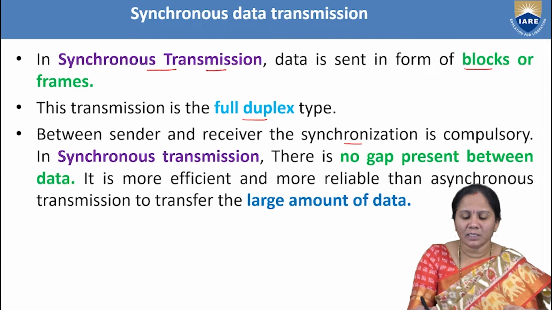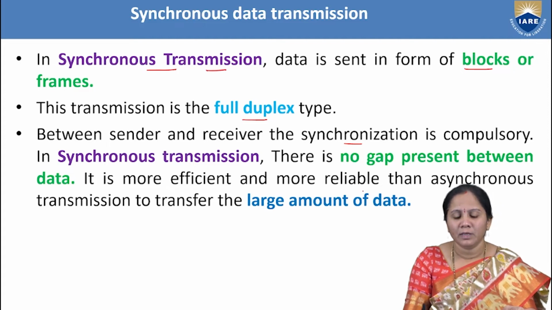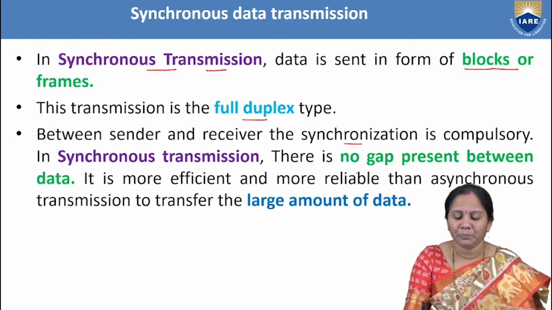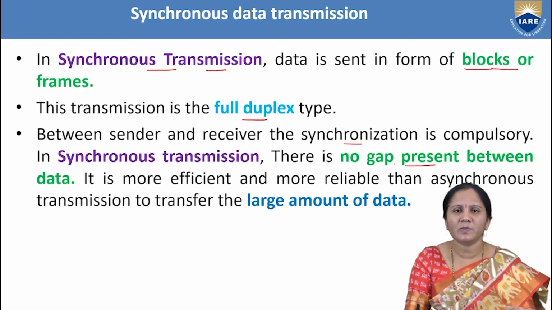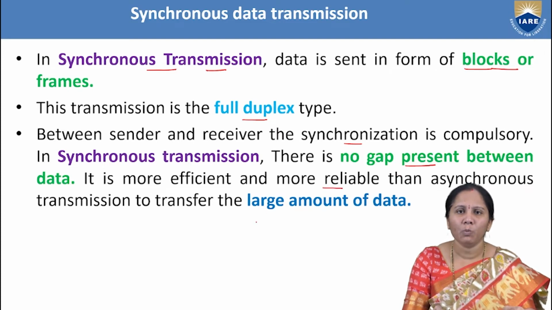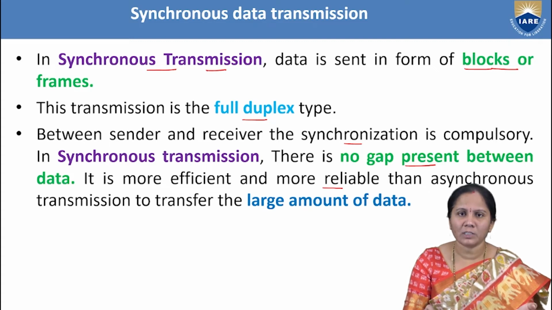Since the data is transmitted in the form of blocks or frames, there will not be any gaps between the data. That is why it is more efficient and more reliable compared to the other data transmission, that is, asynchronous data transmission mode.